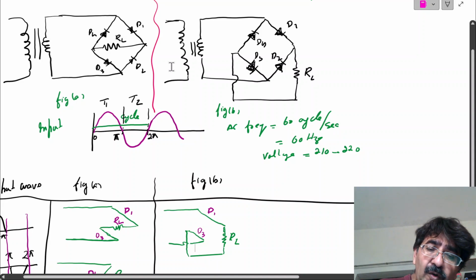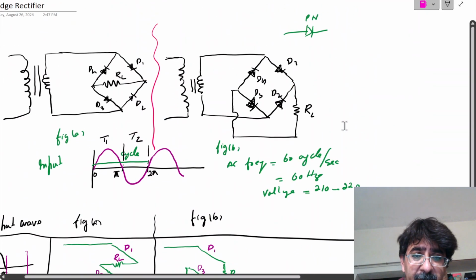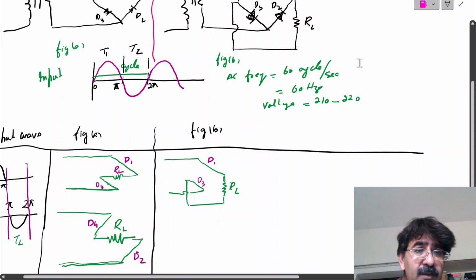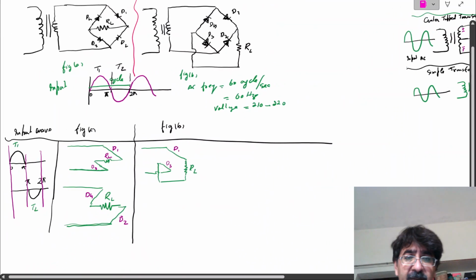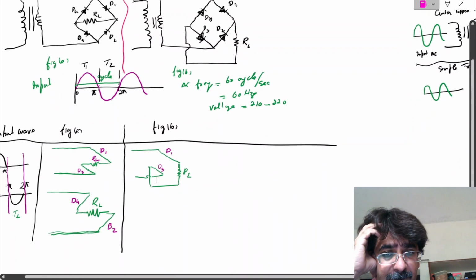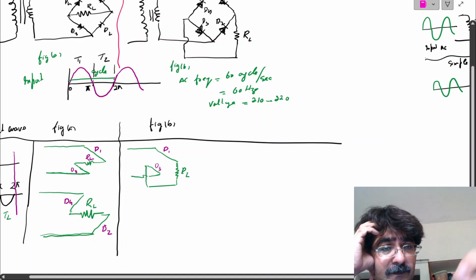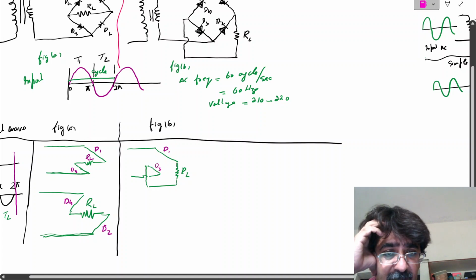So the equivalent circuit for T2 will be like this.